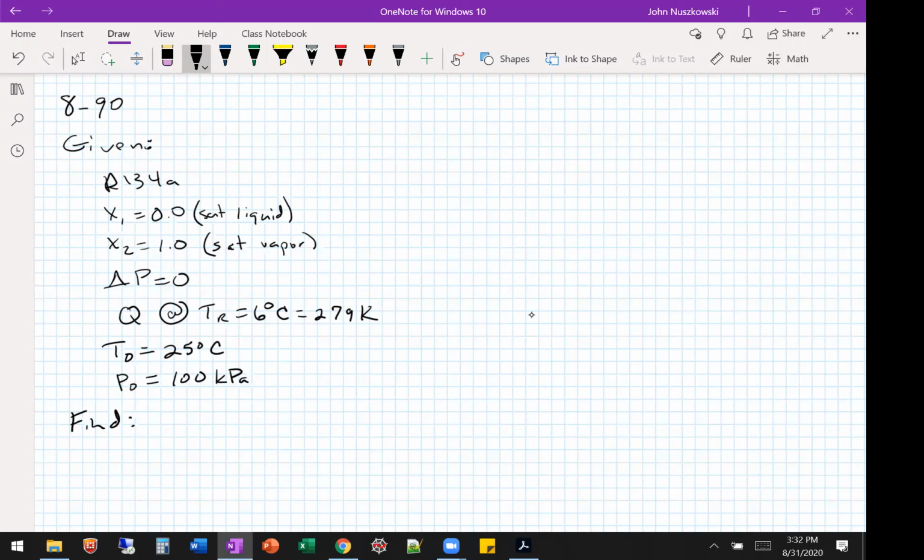So second law, more effective, at 100 kPa or 180 kPa.